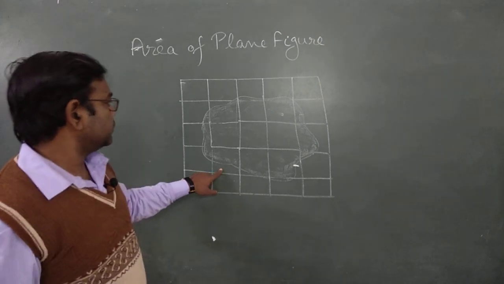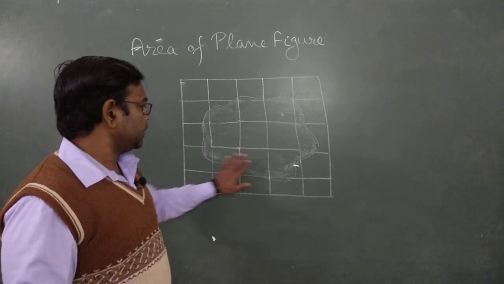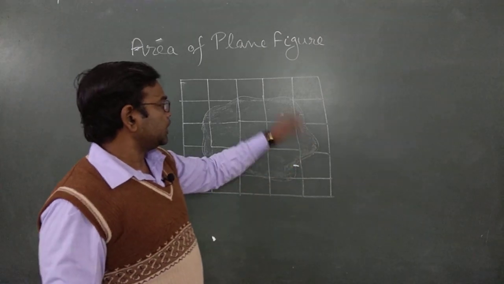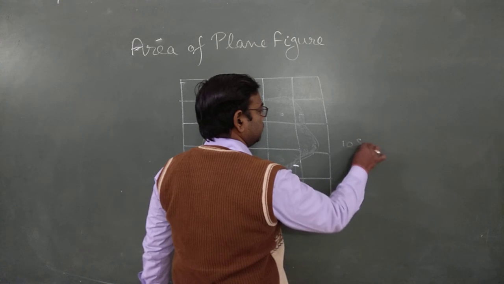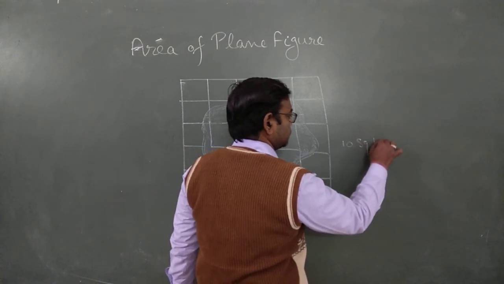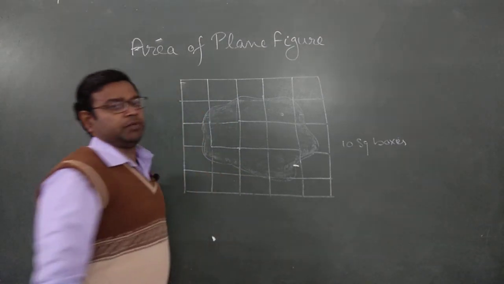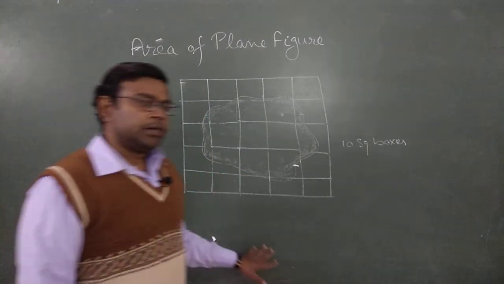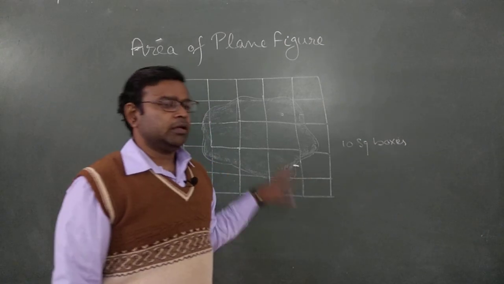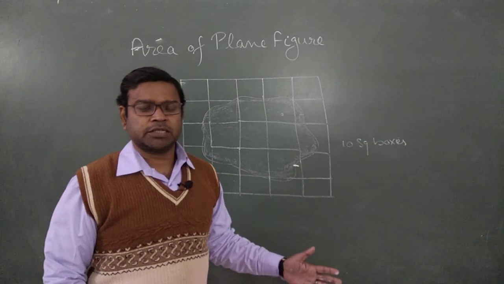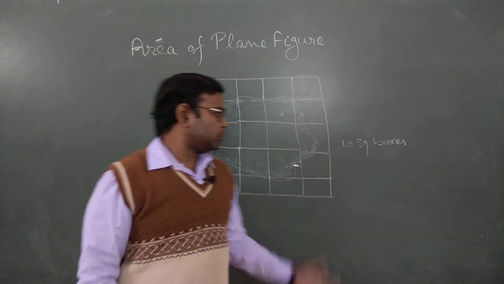Likewise we count 1, 2, 3, 4, 5, 6, 7, 8, 9 and a half, or near about 10 square boxes. This is the estimation for an irregular shape. In mathematics, it is not in your syllabus. It is a general discussion, so there may be 1 or 2 questions. You can easily solve them by plotting the graph.